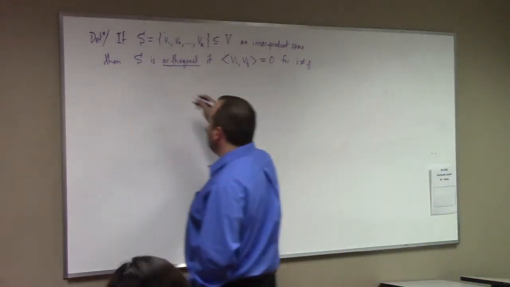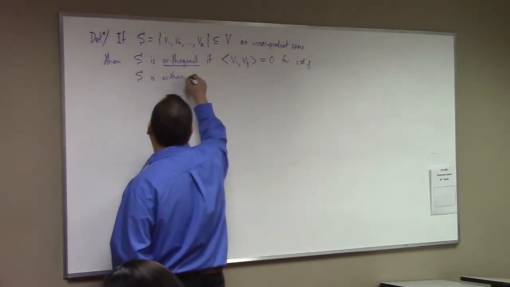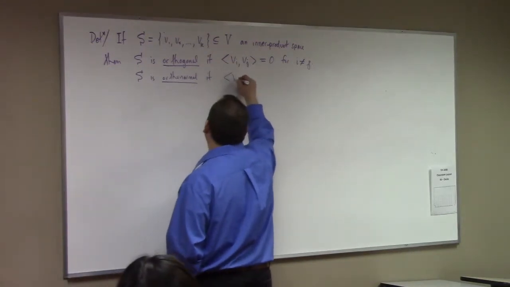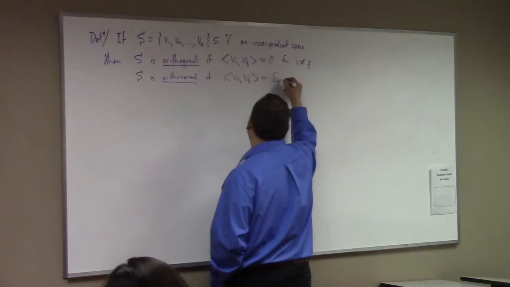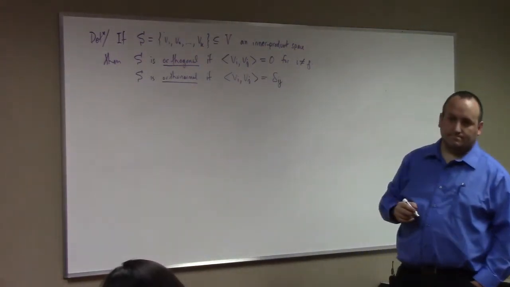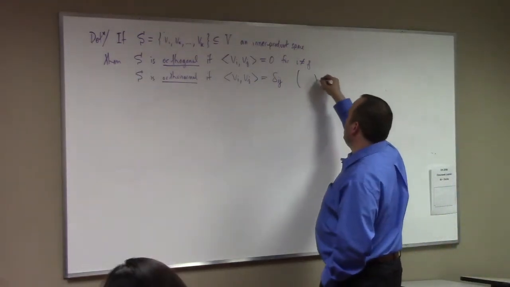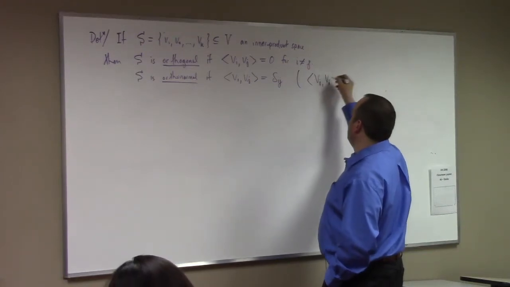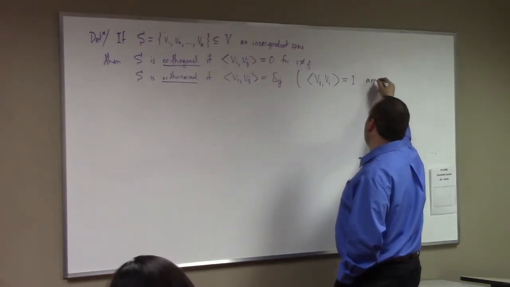S is orthonormal if the inner product of vi and vj is equal to the Kronecker delta ij. So notice that the condition <vi, vi> = 1 means what?